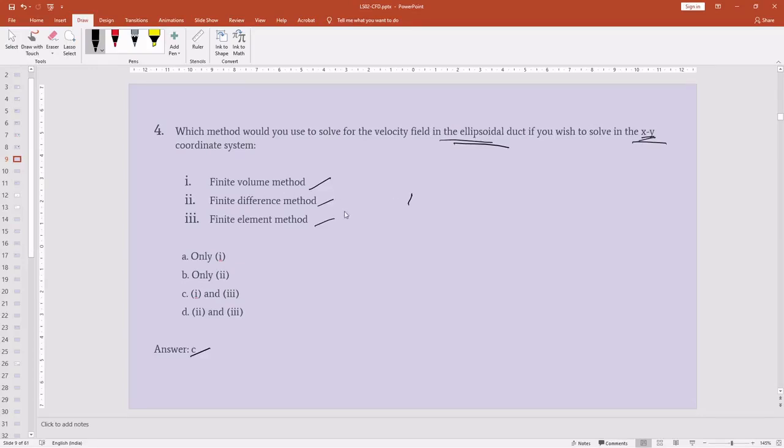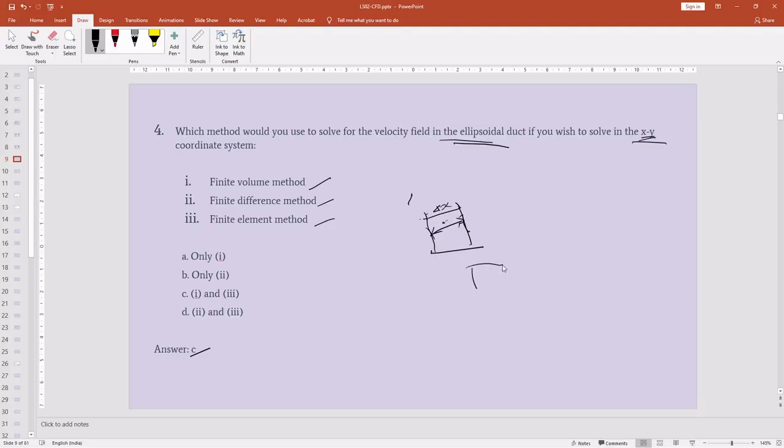Can you explain how the finite element method will be helpful? This will also be useful. In finite element method, we are creating elements. In finite difference, if we are taking one cell, we are taking cell differences, between one wall and the next wall, what is happening.